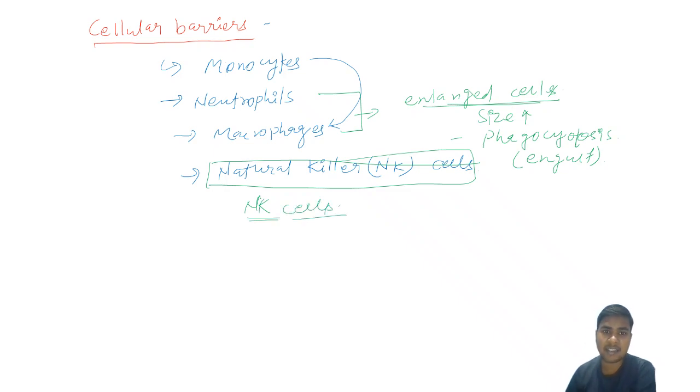For natural killer cells, whenever any kind of pathogen enters the body, or crosses the physical barrier or the physiological barrier, inside the body natural killer cells keep surveillance on those circulating pathogens and show their action.